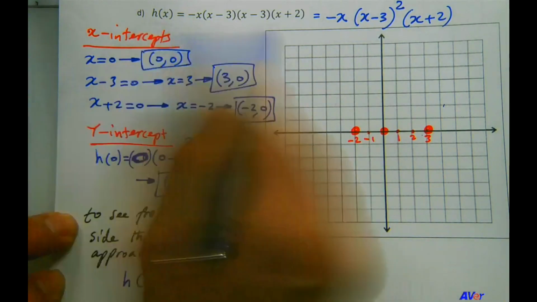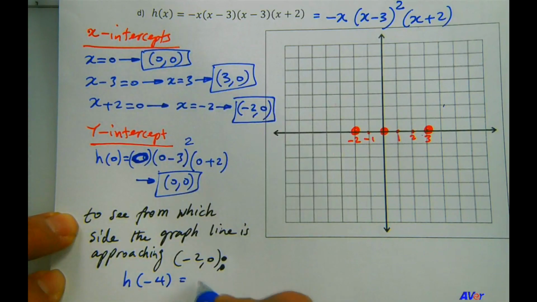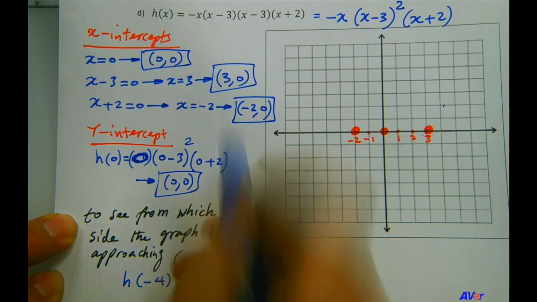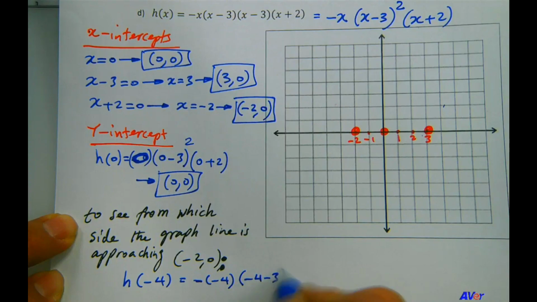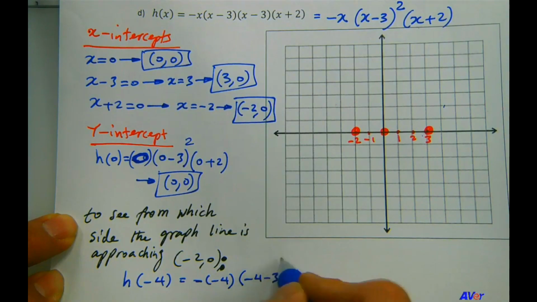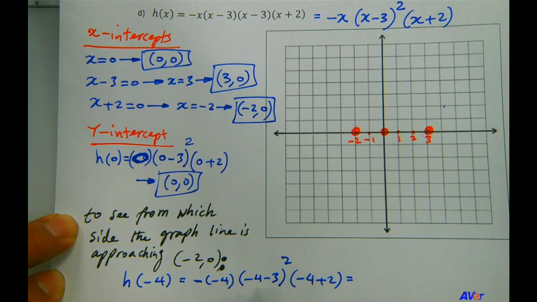So this function at -4, again, we don't care about the value of the function at -4. We care about the algebraic sign of the function at -4. So I'm just plugging in -4 here, times (-4 minus 3) squared, and then (-4 plus 2). Okay, so I'm just going to write down the algebraic signs.